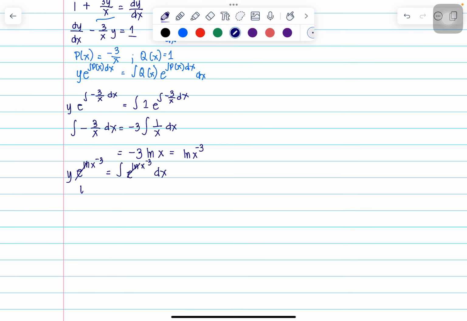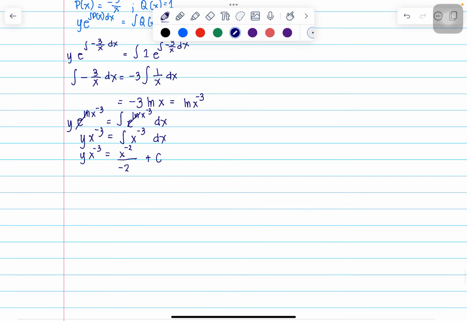What's left is y x to the negative 3 is equal to the integral of x to the negative 3 dx. Now what is the integral of x to the negative 3? So that's plus 1 to the exponent. Negative 3 plus 1 is negative 2, divided by negative 2, plus c.